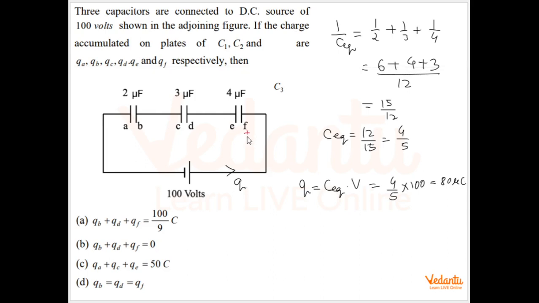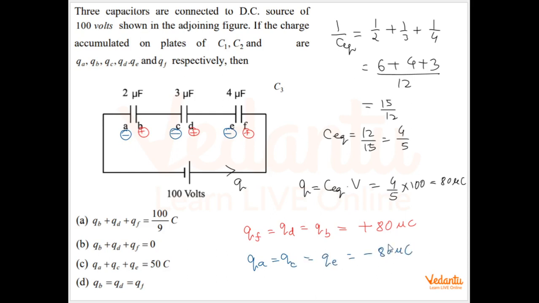Now, bacha log, what you have to understand is that in this case, if I talk about each plate, the F plate, the D plate and the B plate will have positive charges, and all of them, QF, QD and QB, will have a charge of plus 80 microcoulombs. And my dear bacha log, the A plate, C plate and E plate, all of them will have negative charges, and those charges will be minus 80 microcoulombs.